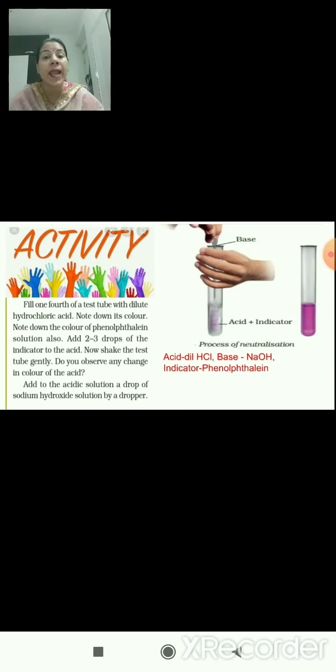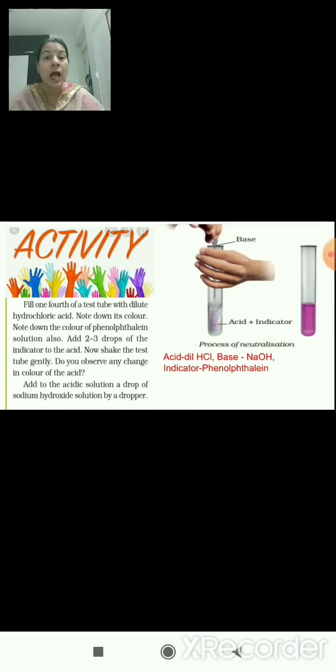We will add to the acidic solution a drop of sodium hydroxide. And you know that sodium hydroxide is a base. So earlier in this test tube only acid was there, and when we added phenolphthalein indicator into it, there was no change in color.